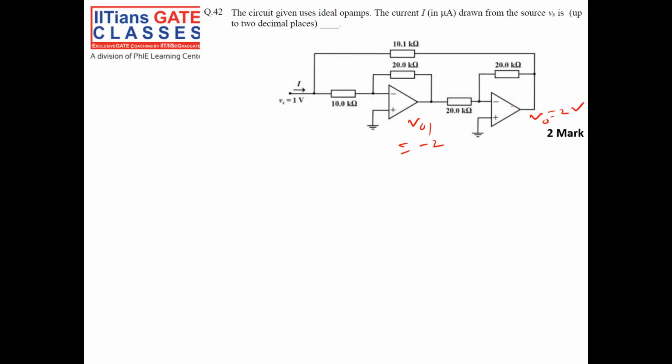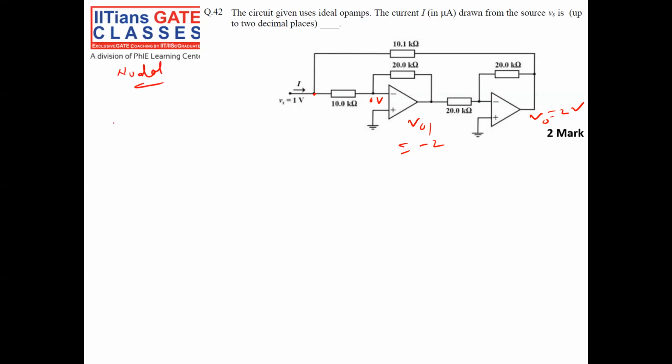Now let's apply a nodal equation here. Since it is a virtual ground, this is 0 volt here. Whenever the op-amp is operating in negative feedback, it obeys the virtual ground principle. So this is 0 volt. Here minus R2 by R1 into V1 is minus 2 volt, and here minus R2 by R1 into V01 is 2 volt. Now we'll apply nodal analysis.